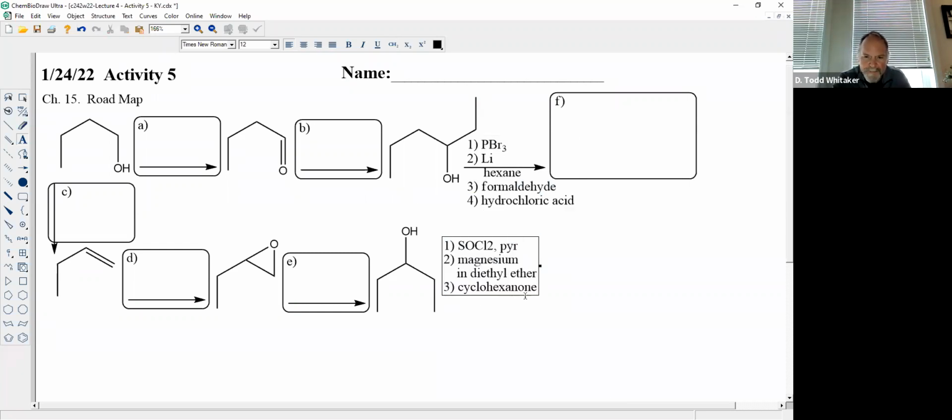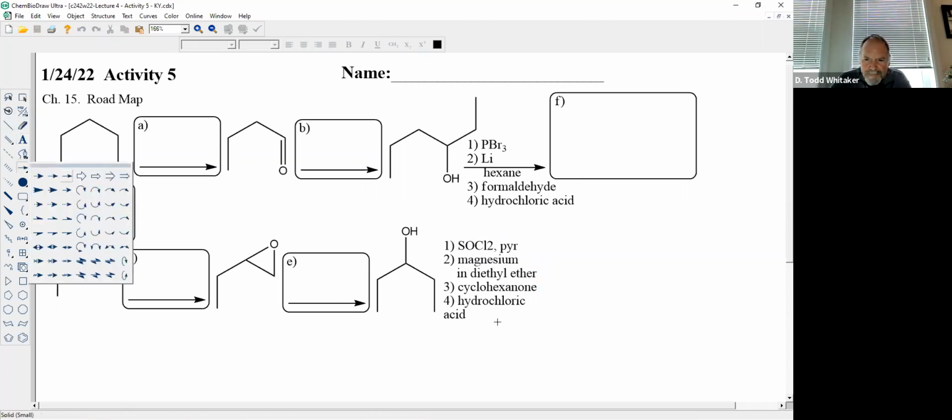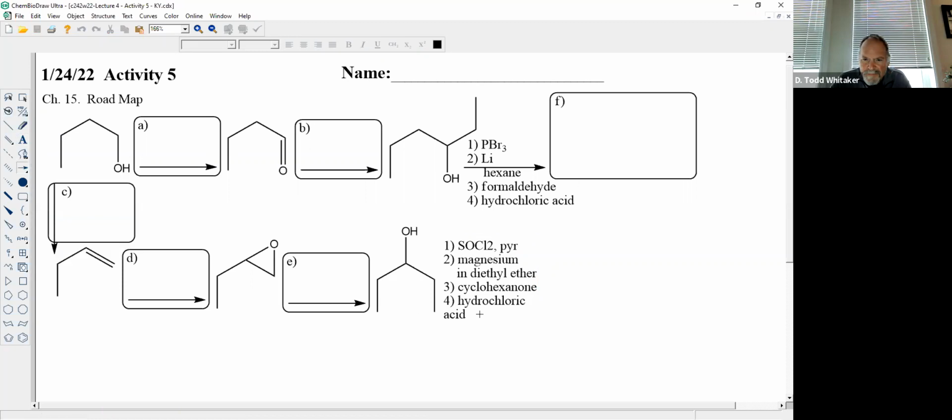Same four, paste. Gives us product G. Yeah, let's put an arrow like this. Roadmap construction.